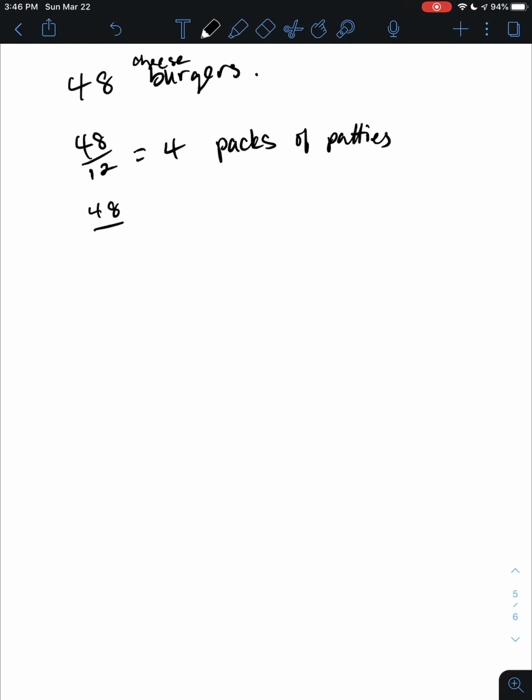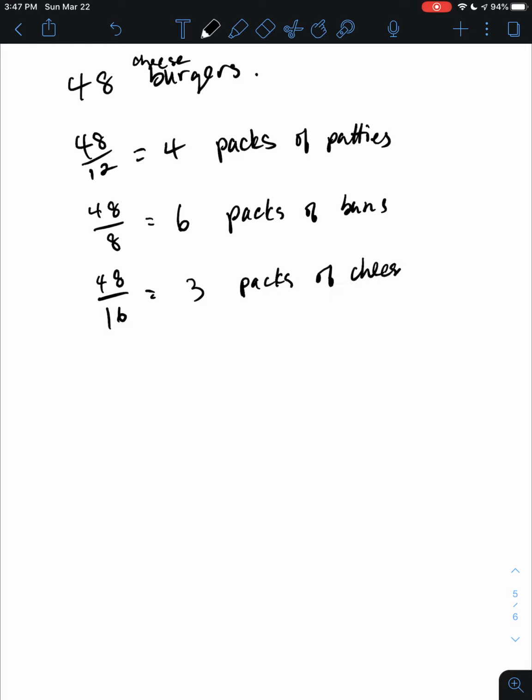I'm going to have 48 divided by 8, which is 6 packs of buns. And 48 divided by 16 is 3 packs of cheese slices. Okay, so that is how math can make our lives better.